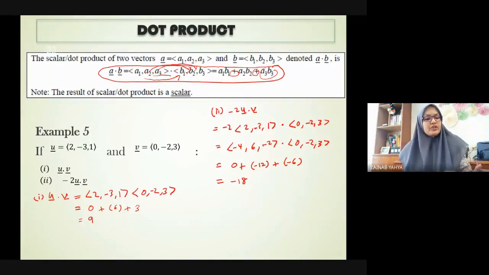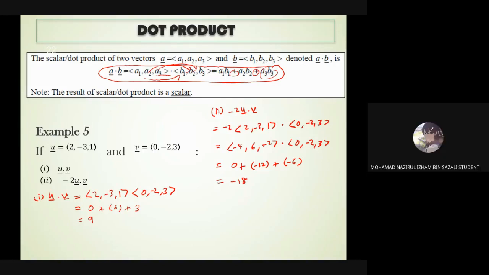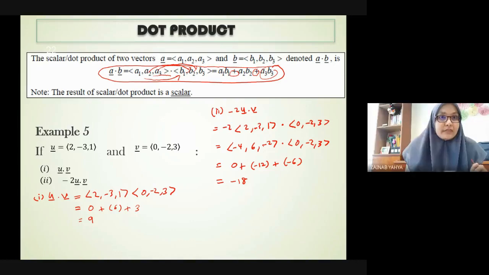Can you do u dot v first and then multiply by negative 2? Can or not? Can, madam. Can, because it's still a multiplication, right?